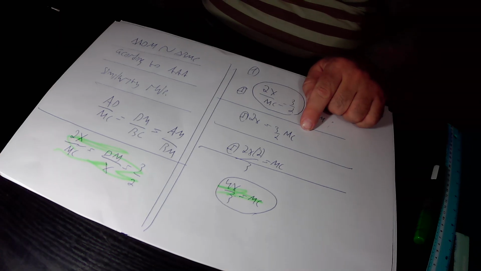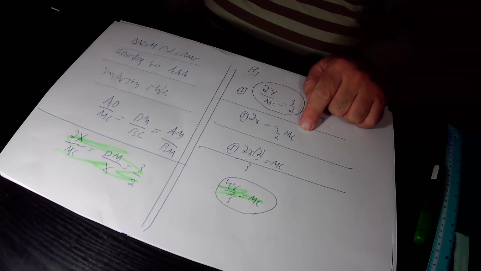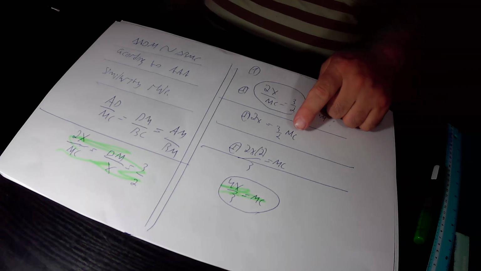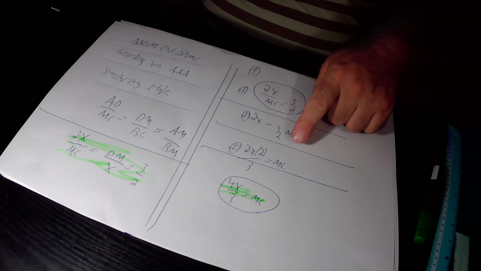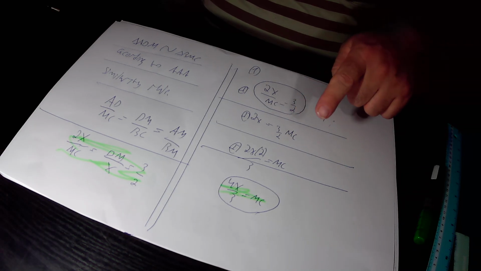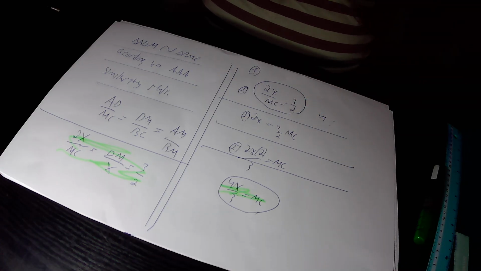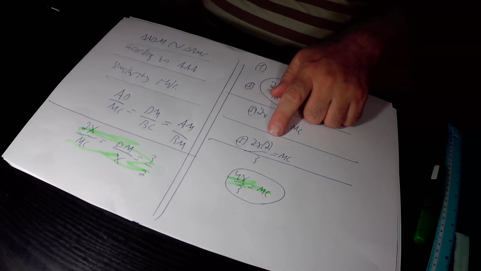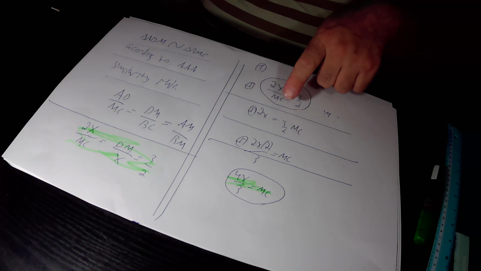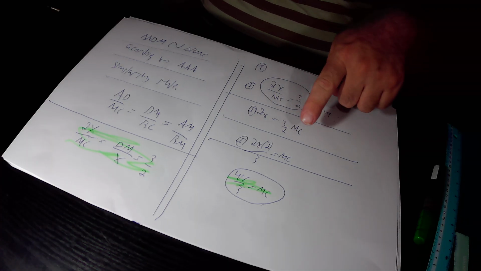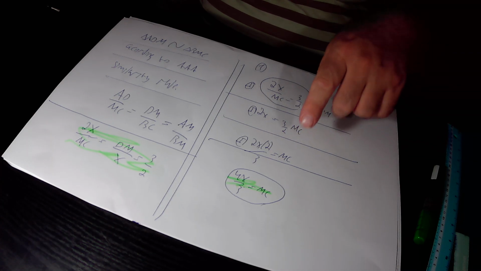Here, we multiply this equation by 2 and divide it by 3 simultaneously in order to find out the value of MC. So MC equals 2x times 2 over 3. 2x times 2 is 4x, so in total this expression equals 4x over 3.